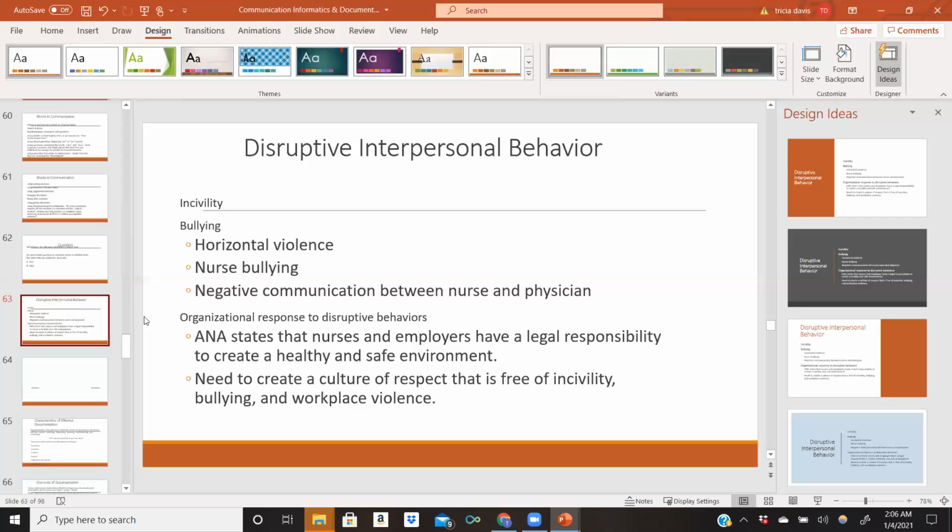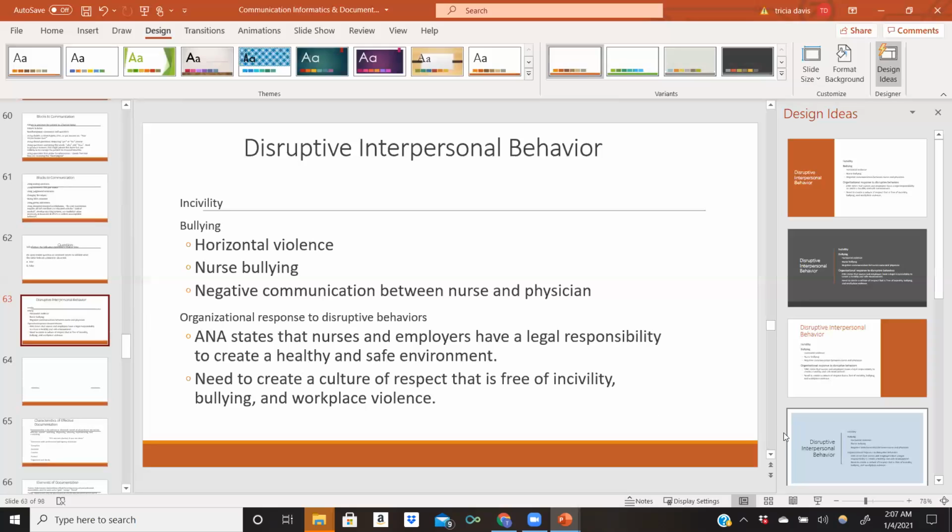So if that information isn't communicated, it's possible that Mrs. Jones may have a fall throughout the day because the tech doesn't know and doesn't set that bed alarm and doesn't stay with the patient when walking them to the bathroom.